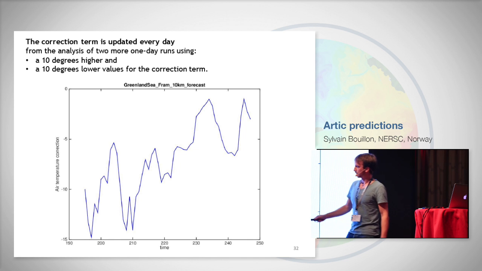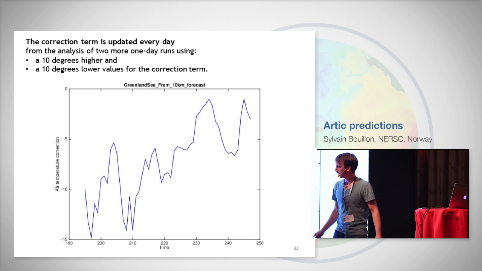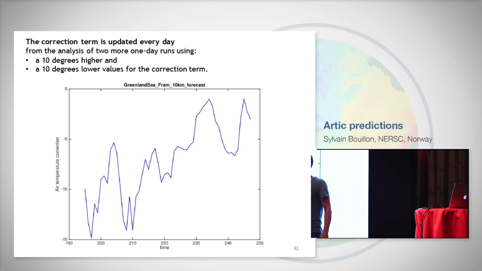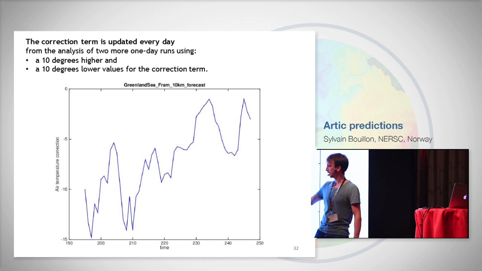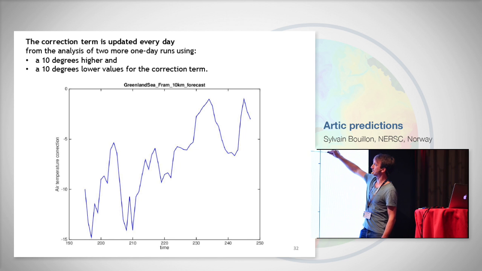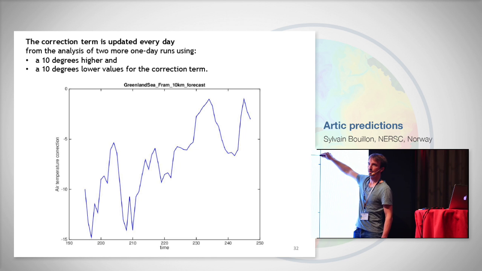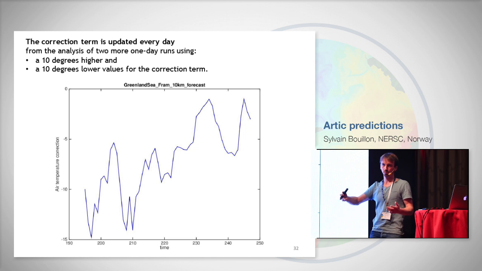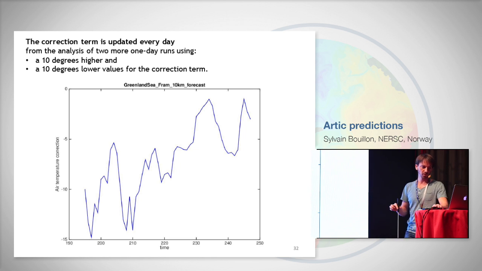That's how the correction evolves through time. We start with the value from the reference run, -10. In July, the system was staying more or less around -10. But then in August, it directly moved to values closer to -5. So it's more or less consistent with what we found manually, but it's all done automatically.